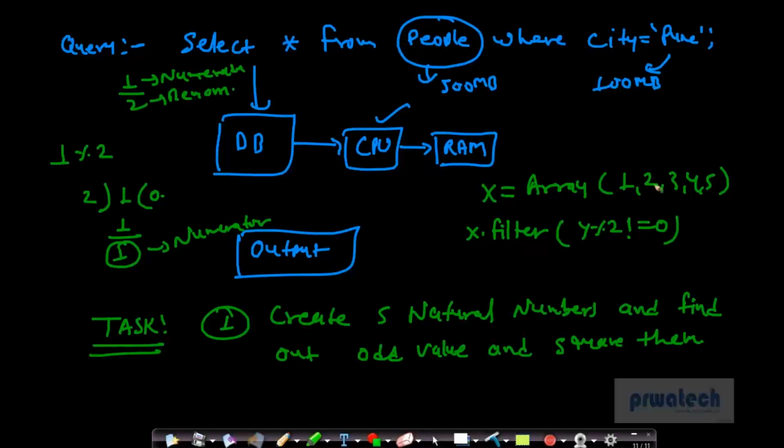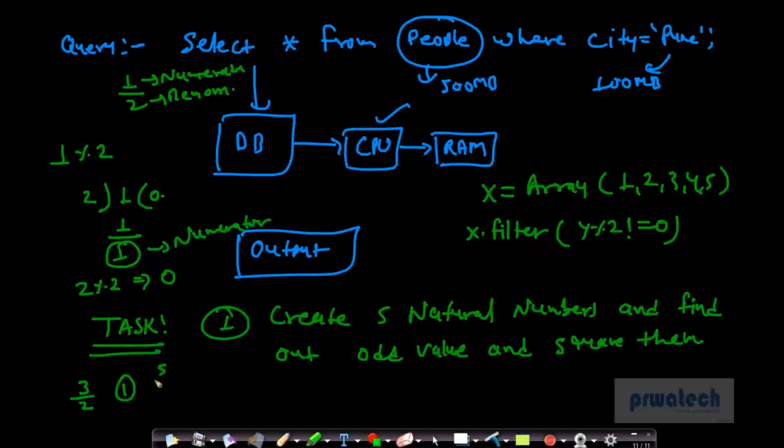Now, similarly, can I check for 2? 2 divided by 2, do you get any remainder? Remainder is nothing, that's a 0. It's completely divisible. If I check 3 by 2, I'll get 1 remainder, because 3 minus 2 is 1. 4 is again completely divisible.